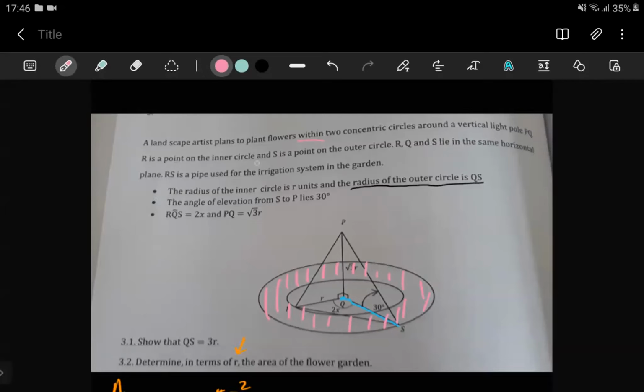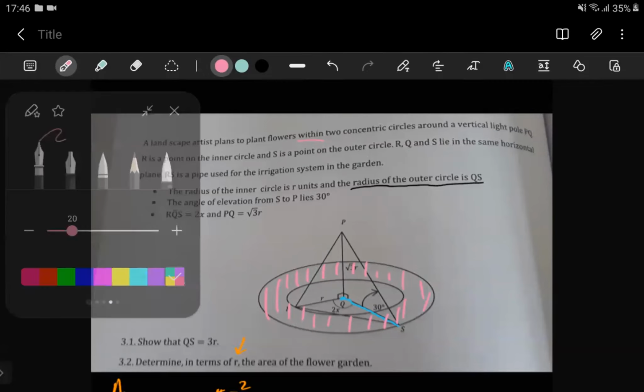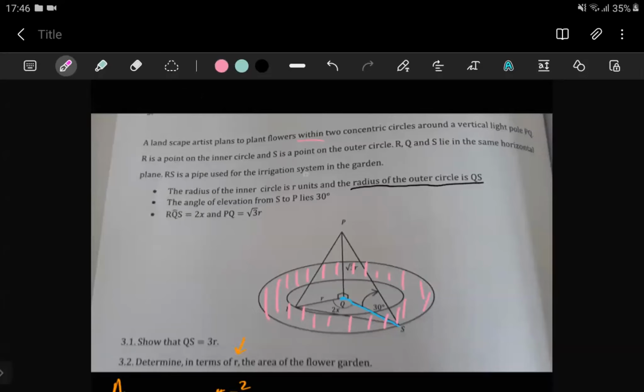RS is a pipe used for the irrigation in the garden. So we need to keep in mind that the portion that's going to be planted is within two concentric circles, because it doesn't make sense that this question is talking about two circles, but then the area of the garden is the whole thing.